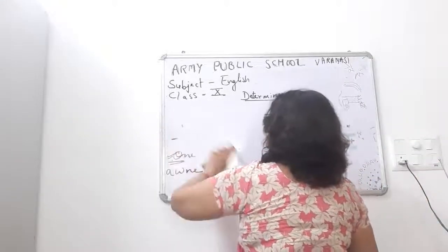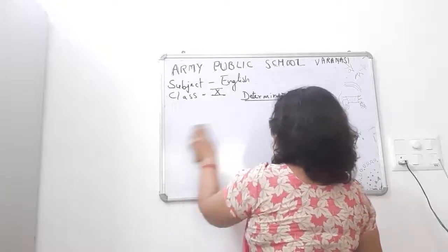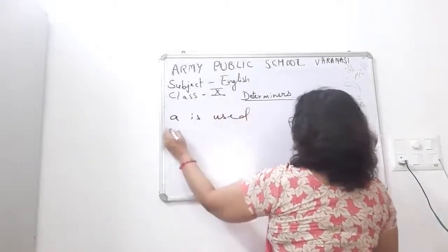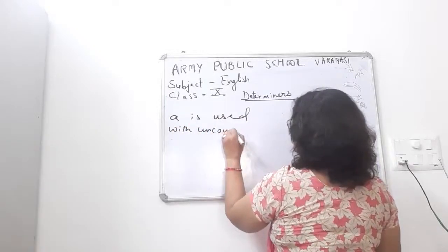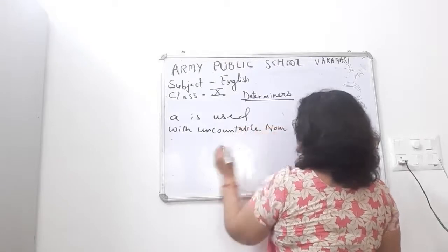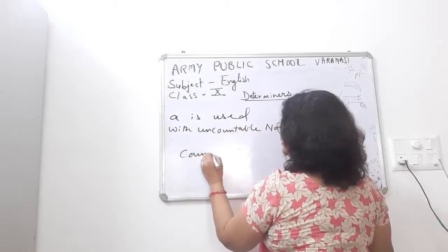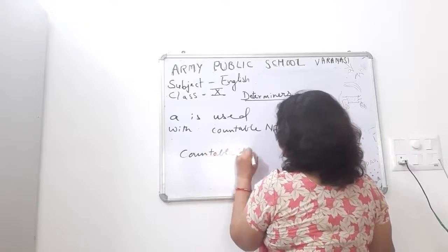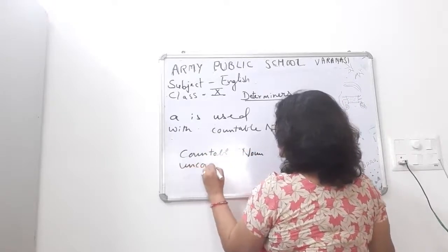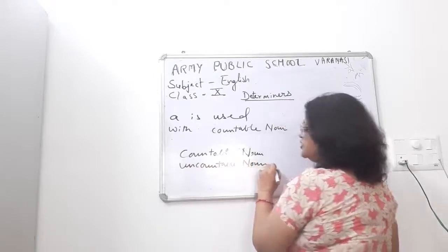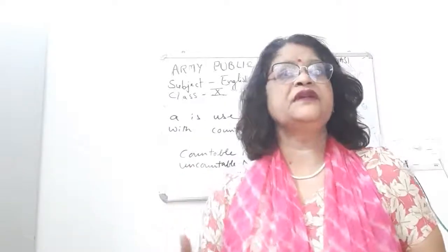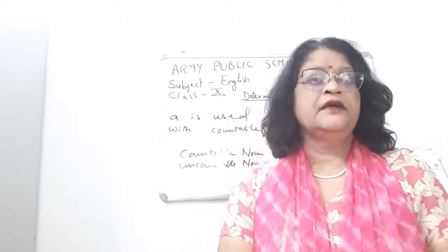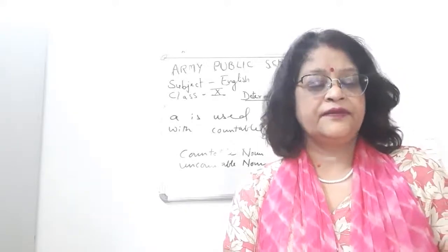A is used with a countable noun, not with an uncountable noun. A noun which we can count is a countable noun, like there are 5 hens here; we can count that.